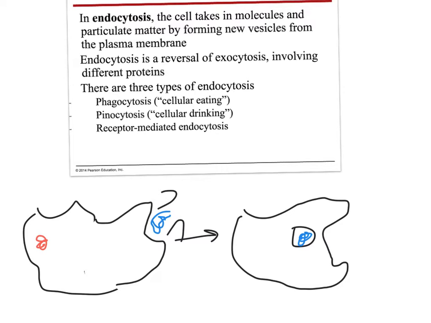So in receptor-mediated endocytosis, the receptor is bound to its signal, and then that receptor or part of that membrane is brought in as a vesicle.